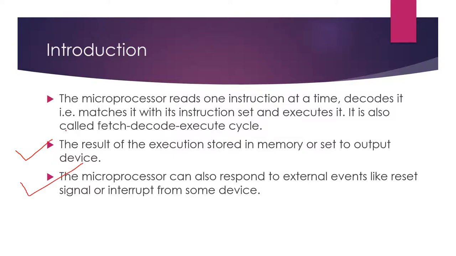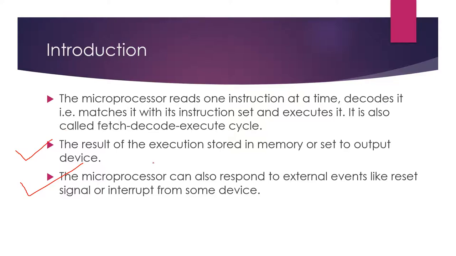The microprocessor can also respond to external events like a reset signal or an interrupt from some device. Suppose an input device wants to communicate with the microprocessor. Then how does it communicate? It has to generate a certain interrupt signal for the microprocessor, so that the microprocessor can look at that device. Understand?